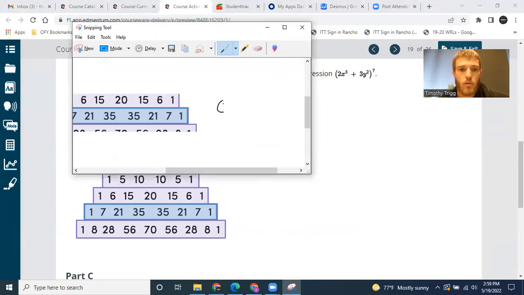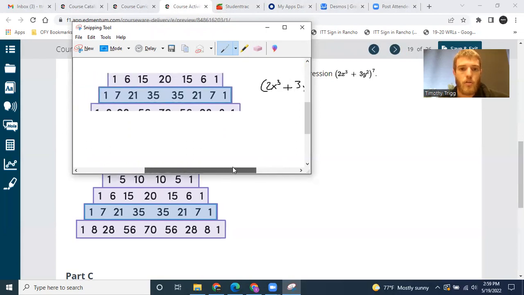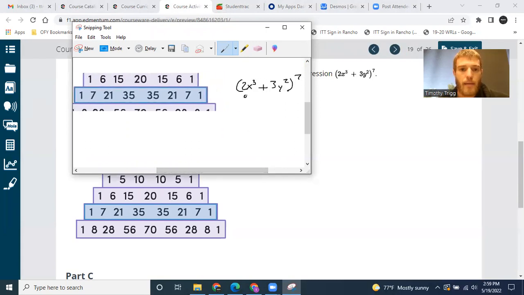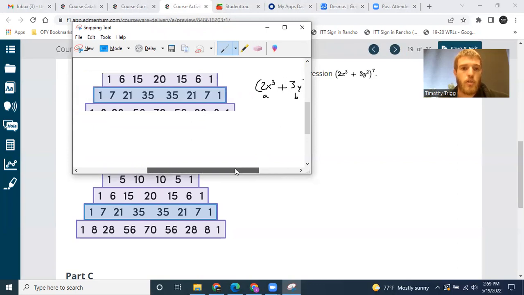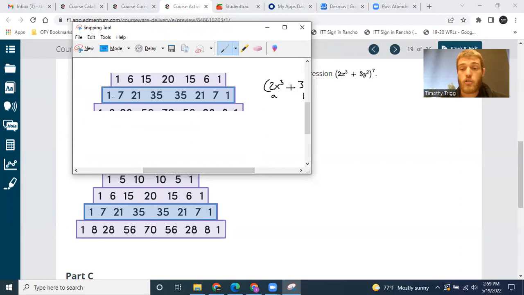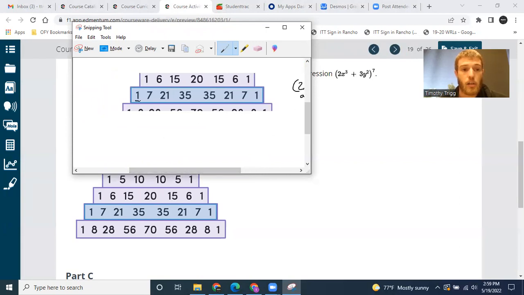It is 2x to the third plus 3y squared to the power of 7. Now think of this as your A and this as your B. First you write these numbers here as your starting coefficients, and you'll see what I mean.